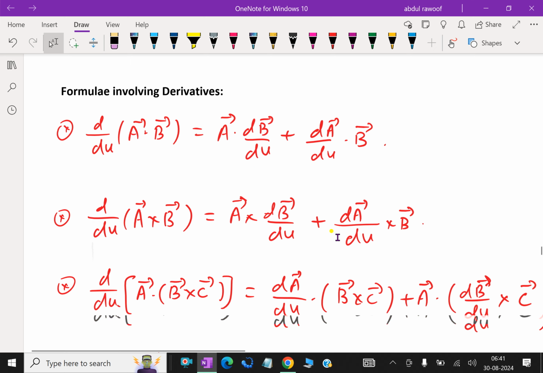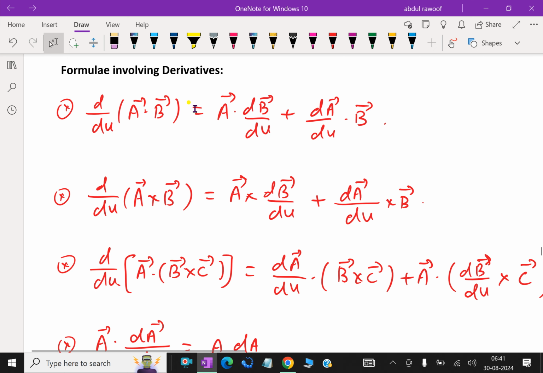Next, some formulae involving derivatives. Some general formulas involving derivatives of dot and cross product functions. Here, d by du of A dot B, the derivative of a dot product, is equal to vector A dot dB by du plus dA by du dot B vector.